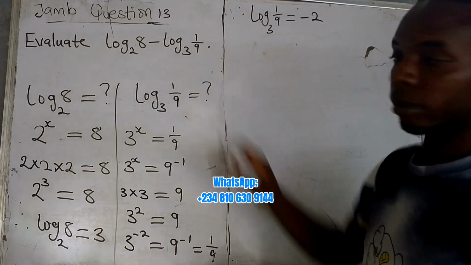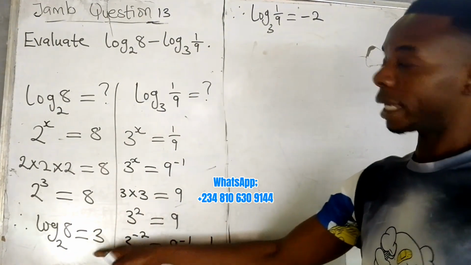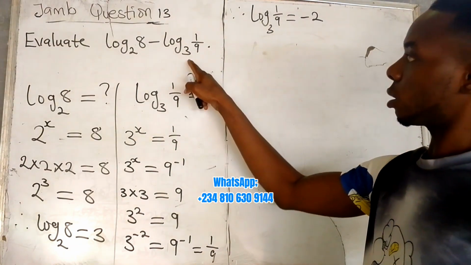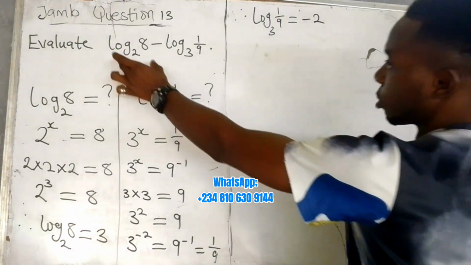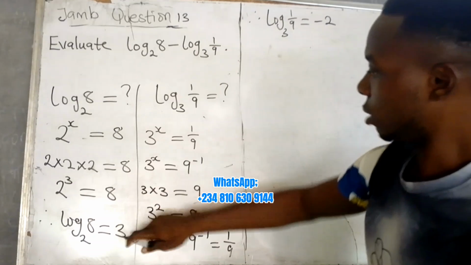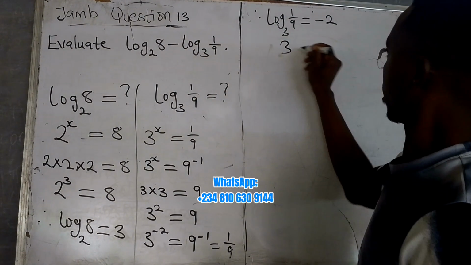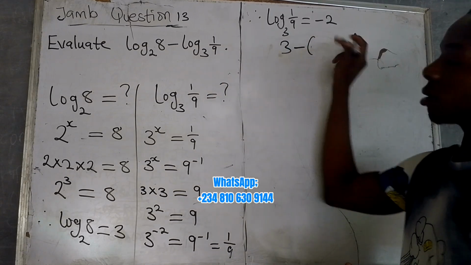So we have gotten the value of log₈ to base 2 and log₁/₉ to base 3. We have gotten the answer. So instead of log₈ in base 2, I'll put 3. Instead of log₁/₉ to base 3, I'll put -2. So it will be 3 minus, open bracket, -2.